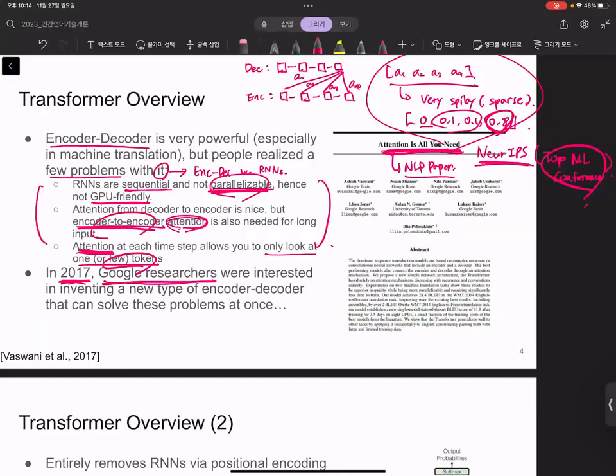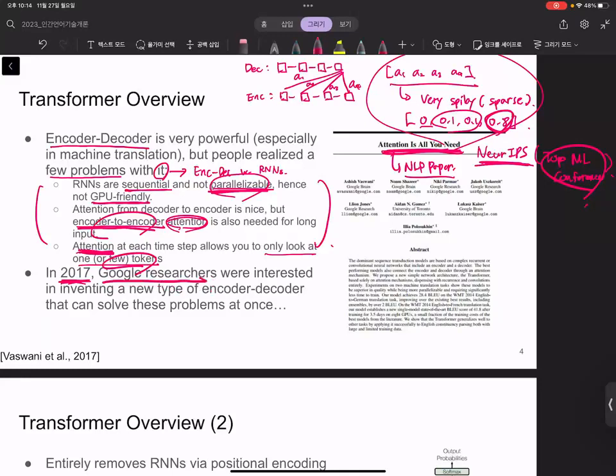And if your work finished in November, then your paper will go to CVPR and so on. Anyway, they decided to publish this paper in NeurIPS.